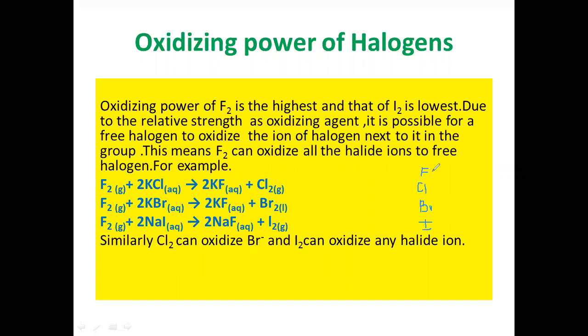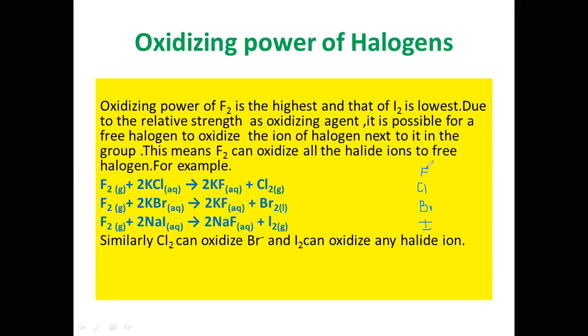Fluorine has the strongest oxidizing power and the least is with iodine. It means oxidizing power decreases down the group. So fluorine is the strongest oxidizing agent.